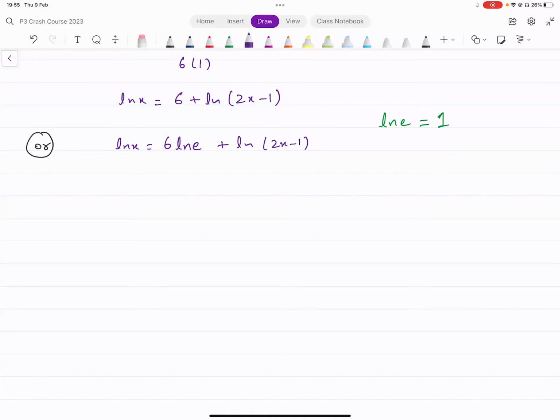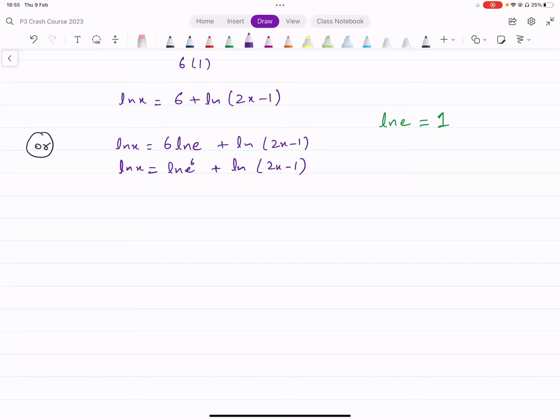Okay. And now what you can do is you can take this 6 to the power here. So it becomes ln of e raised to the power 6 plus ln of 2x minus 1. And now you can use the product rule, the multiplication law, to have one single log on the right side.